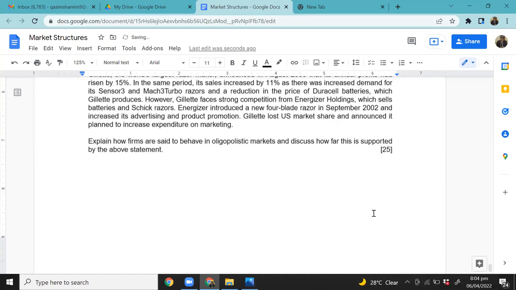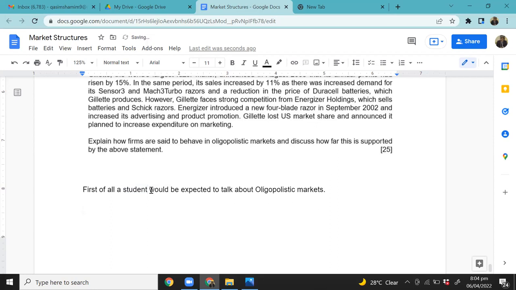So first of all, a student would be expected to talk about oligopolistic markets, right? Now, what are oligopoly markets? So basically, there are certain characteristics which are true in case of oligopoly markets, and that's what you need to mention in this case.